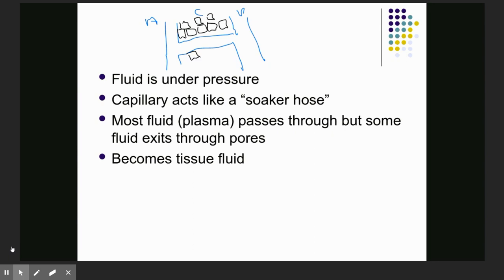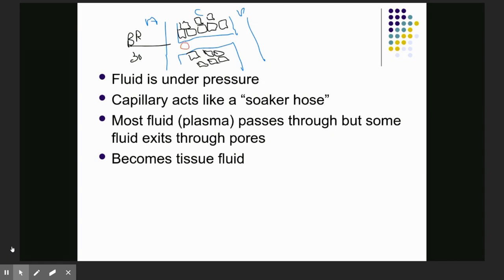So what's going to happen is fluid is going to come into the capillary. And remember, we have blood pressure. And the blood pressure in the capillary is still fairly high. It's about 30. So there's a lot of pressure. And remember, it's leaky. So when that blood comes through there, red blood cells are way too big to get out.